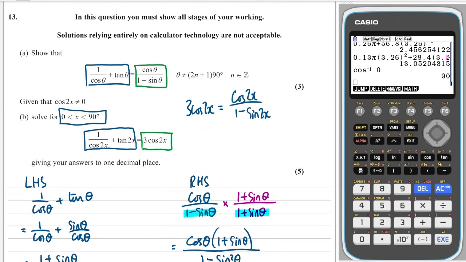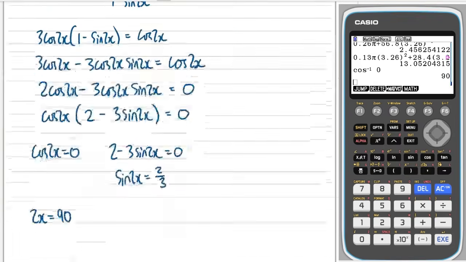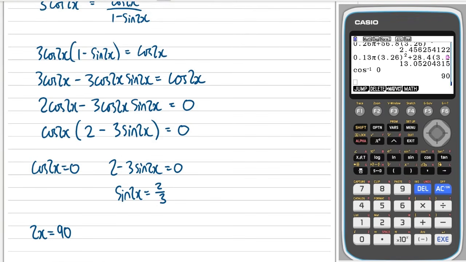Hold on a minute. It says that cos 2x doesn't equal 0. Okay. Right. Well, this solution is then rejected because it tells us already that cos 2x doesn't equal 0. Okay, and the range is between 0 and 90, so we can double that to get the 2x range.